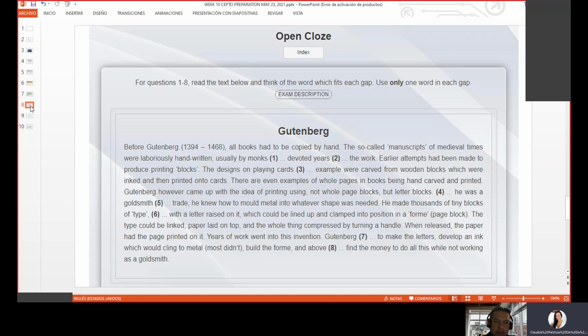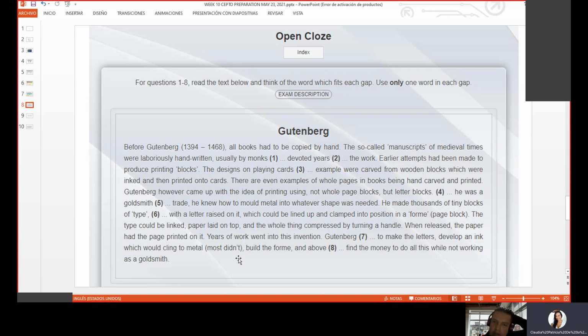Number one. Before Gutenberg, 1384 to 1468, all books had to be copied by hand.